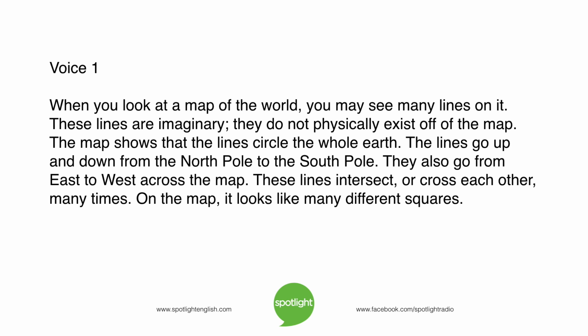The lines go up and down, from the North Pole to the South Pole. They also go from east to west, across the map. These lines intersect or cross each other many times. On the map, it looks like many different squares.